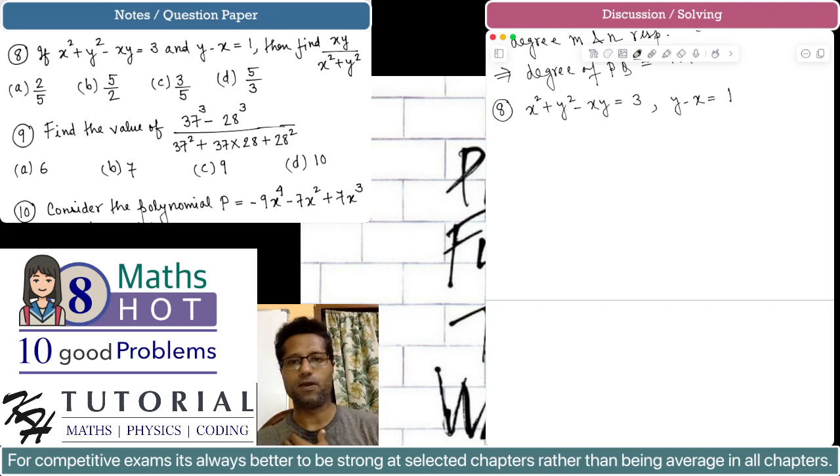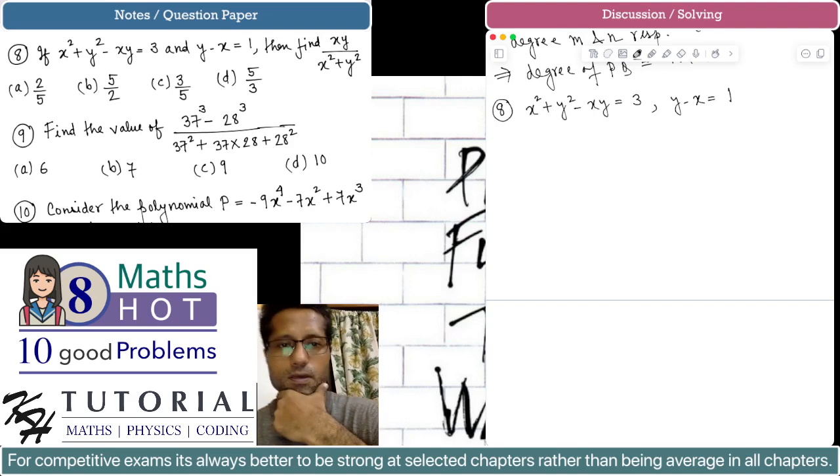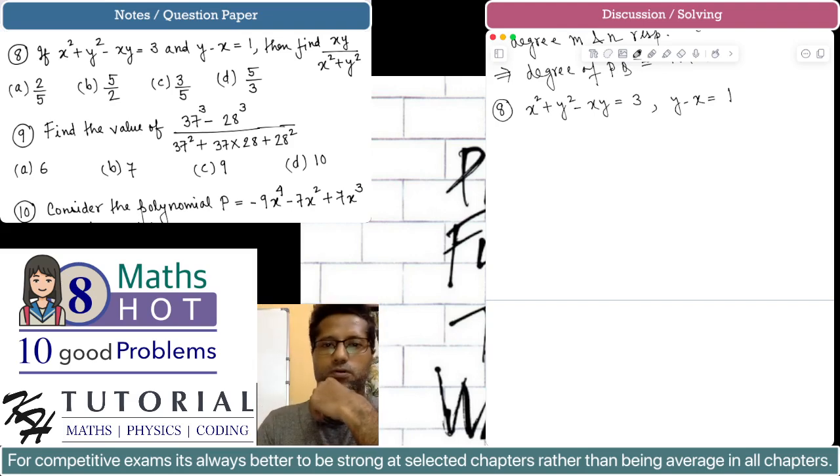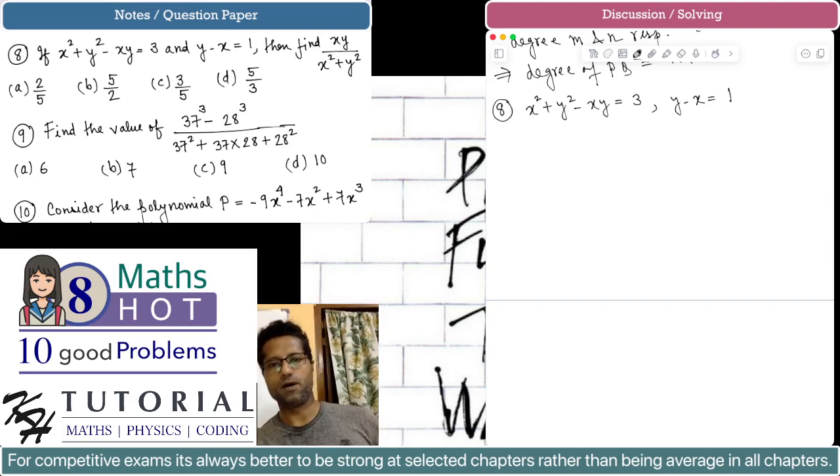Then we have to find the value of xy divided by x square plus y square. Since all the choices are numerical constants, we have to find a kind of relation between xy and x square plus y square.